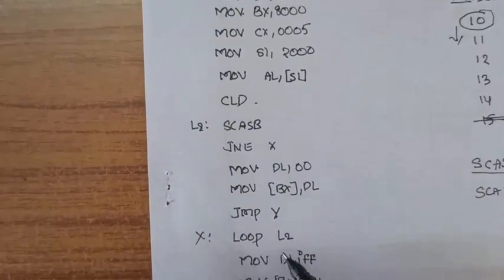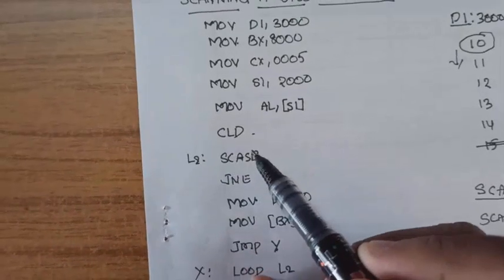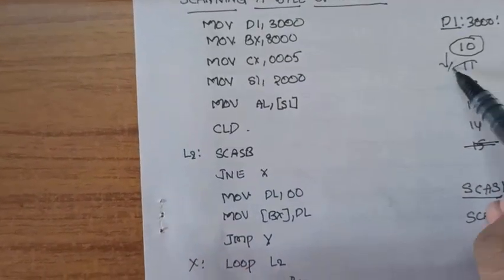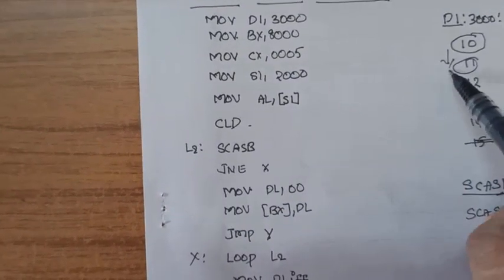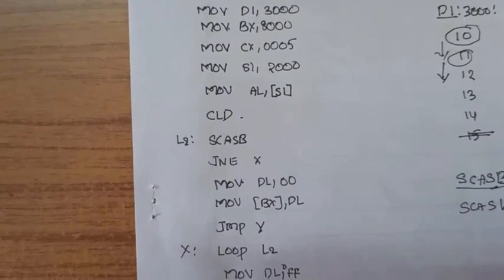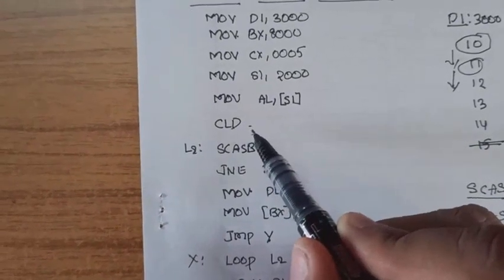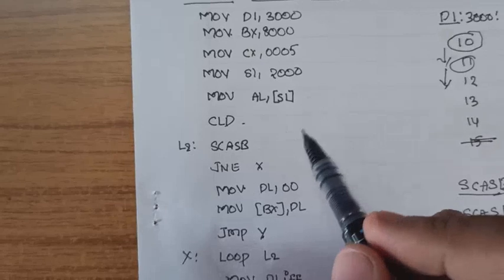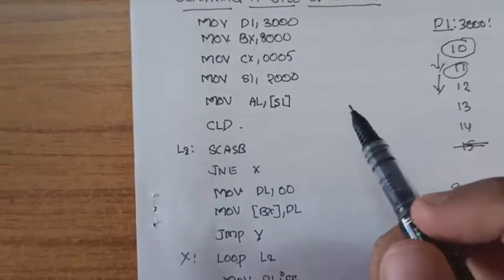Then we have directly given loop L2. Again it goes for scan string byte, scans another byte of string, compares again, and the address gets incremented again. The address is incremented because the clear direction flag is given. The scan instruction scans and increments the address based on the direction flag status.